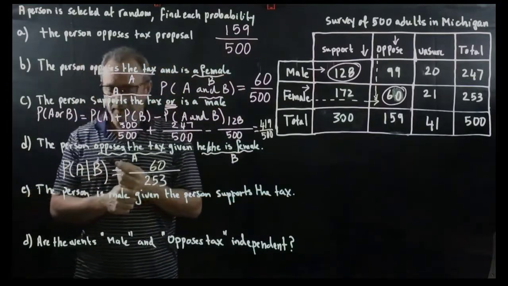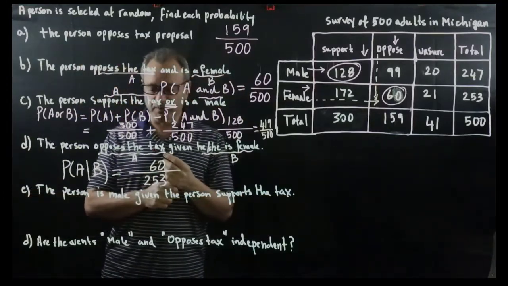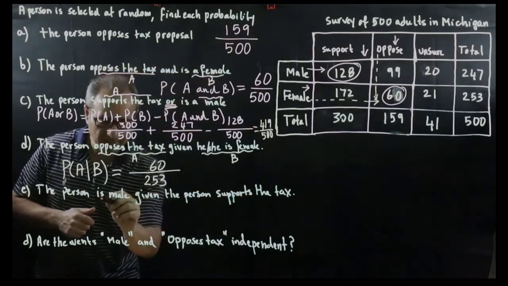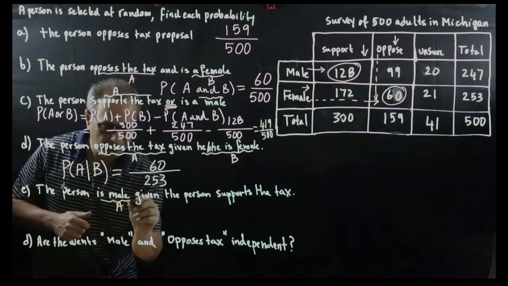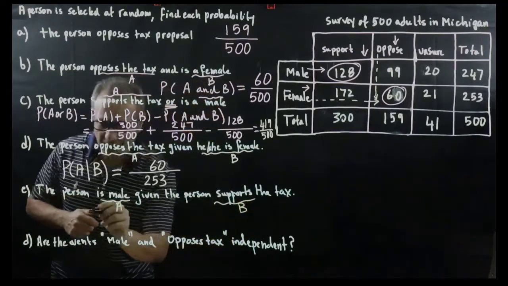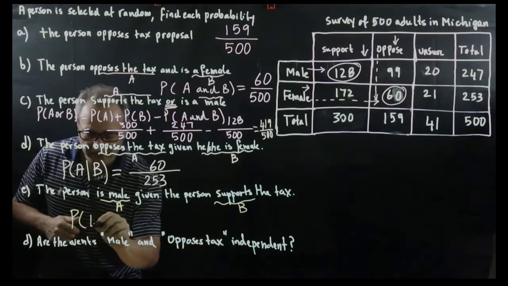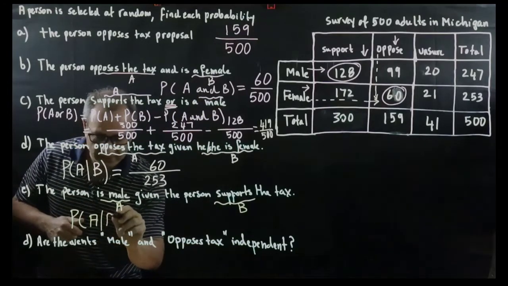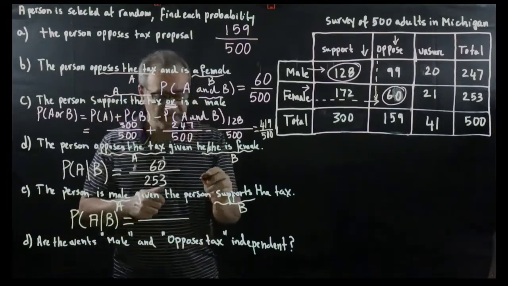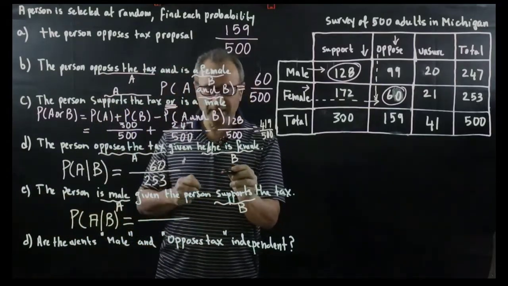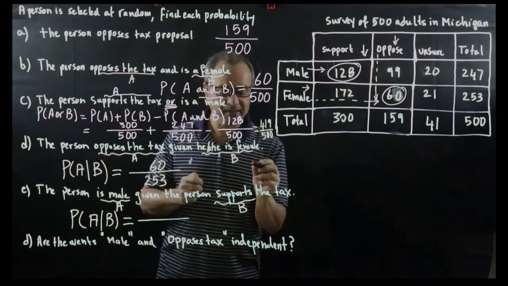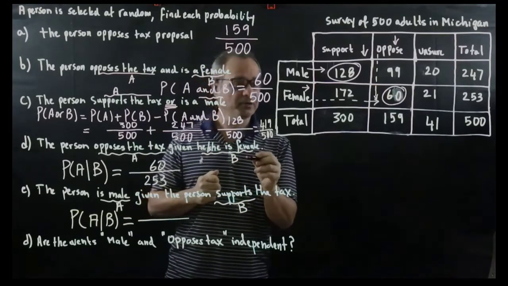E. What is the probability of selecting a person who is male given that the person supports tax? So male is A here, and the person supports tax is B, and I want the probability of A given B. It's the same thing as the previous one. He's putting a condition on us that we can only select from the group given that the person supports the tax. So I can only select from the group of adults who support tax.